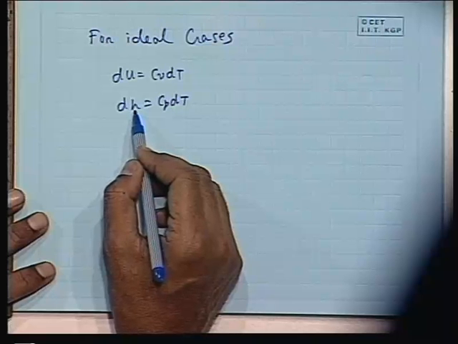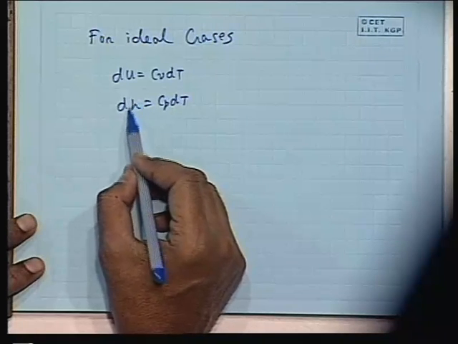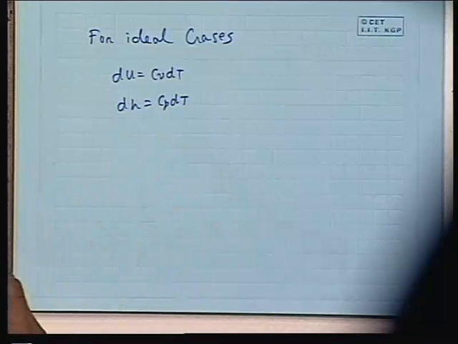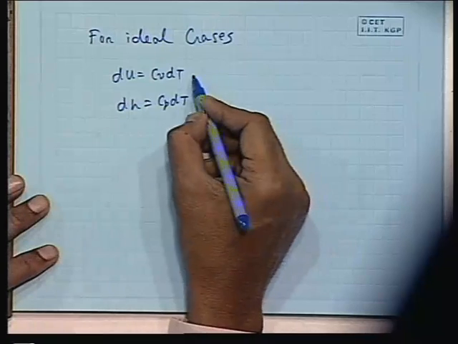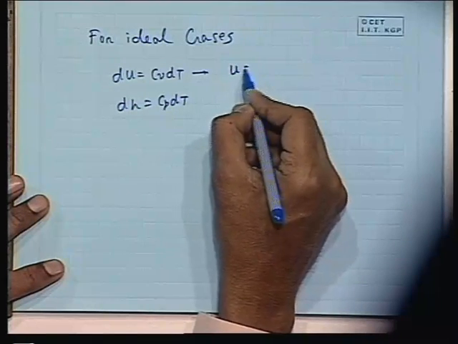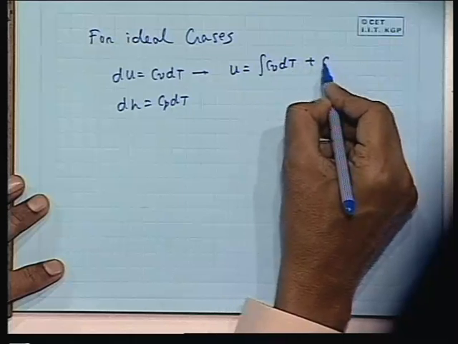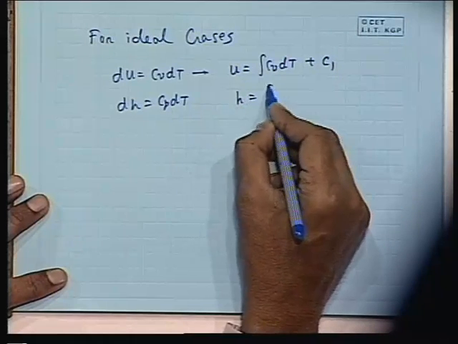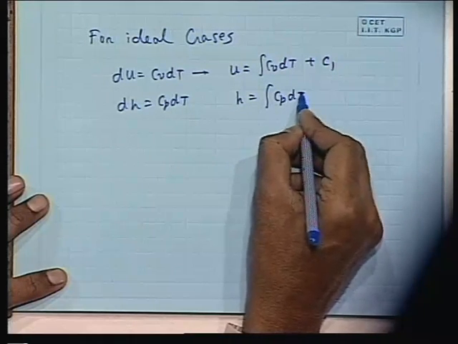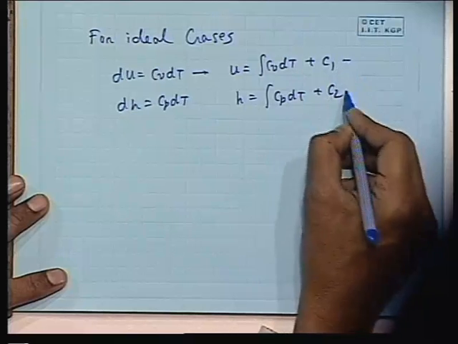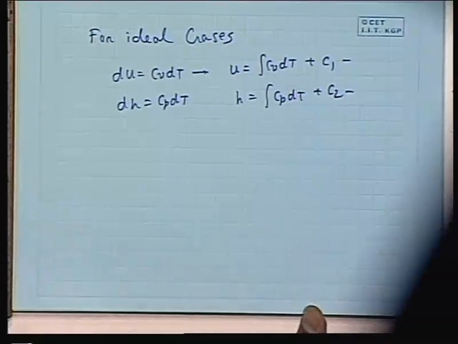Similar is the case for capital H, the total enthalpy, with the heat capacity Cp into dT. Now, if you integrate this, what will you get? U is equal to the integration of Cv dT plus some arbitrary constant. Similarly, H is the integration of Cp dT plus some arbitrary constant, and these constants are neither functions of pressure nor of volume. This is simply a numerical constant.